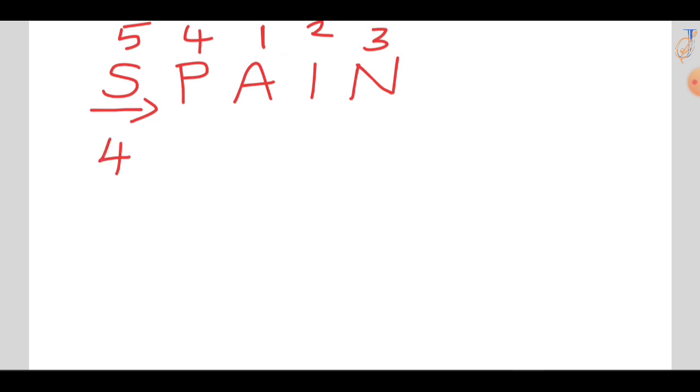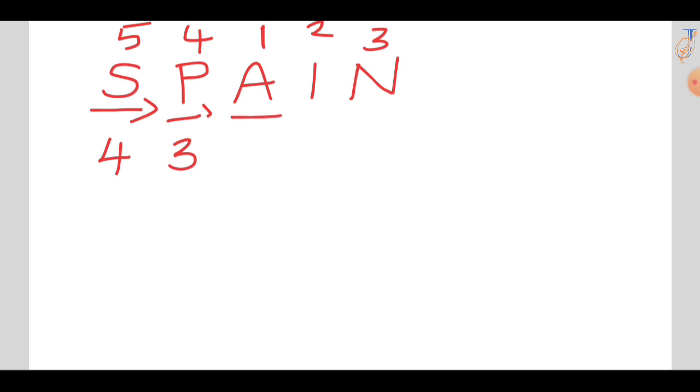And move to P. Look to the right. That means don't look at S. Look to the right only, and check how many letters have a lower rank than P. So 1 we have, 2 and 3. 1 is lower than 4, 2 is lower than 4, 3 is lower than 4. So we have 3 letters, just write 3.